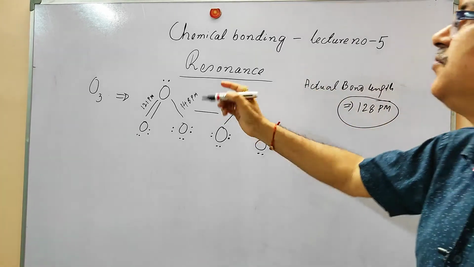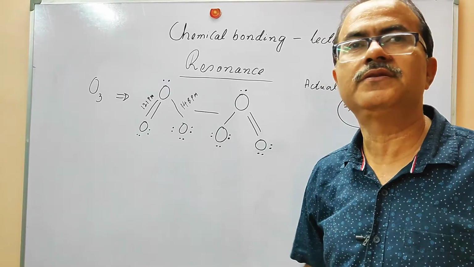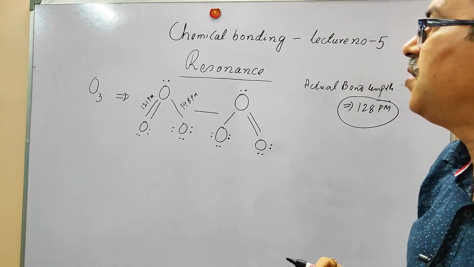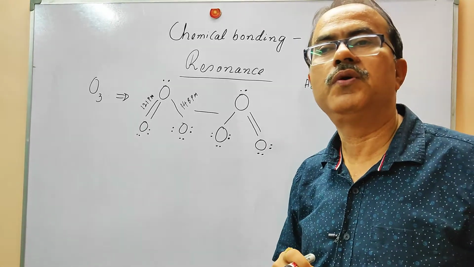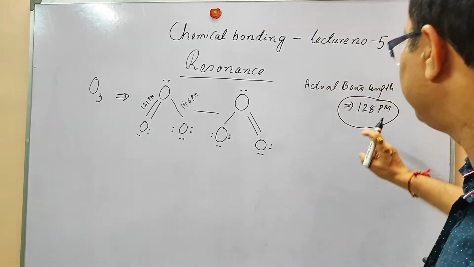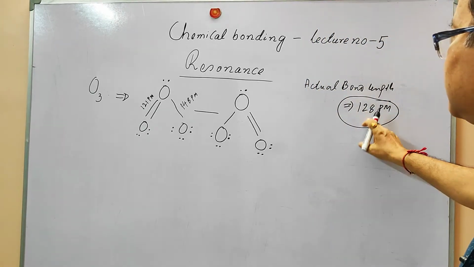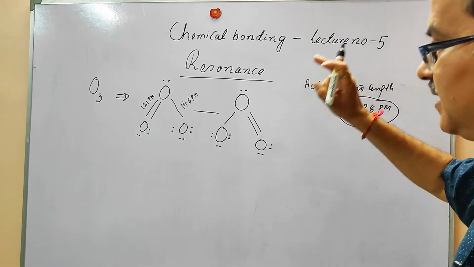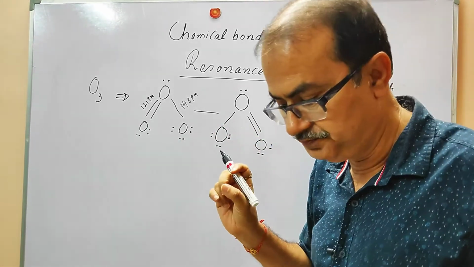But from the Lewis structure we get two unequal bond lengths, 121 and 148, but that does not actually happen. This bond length is in between the double bond and the single bond.